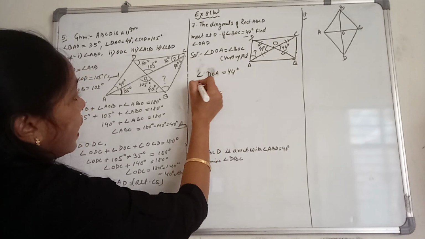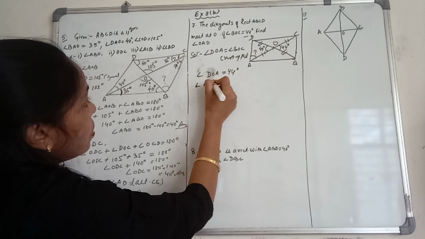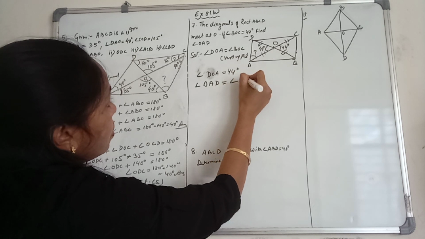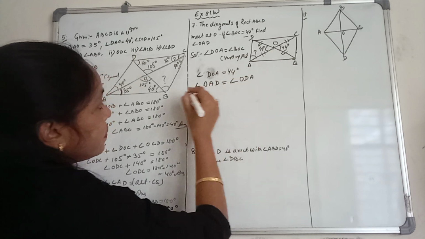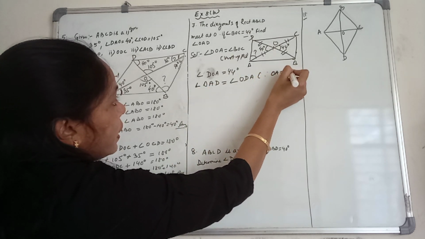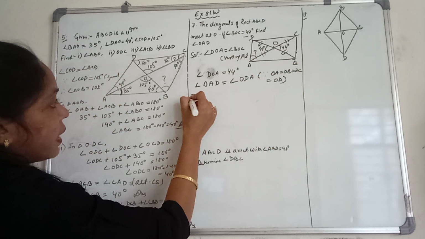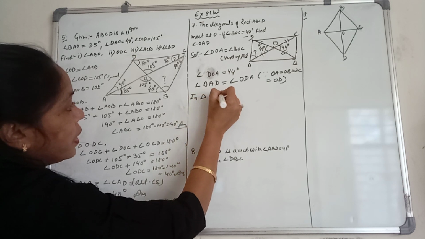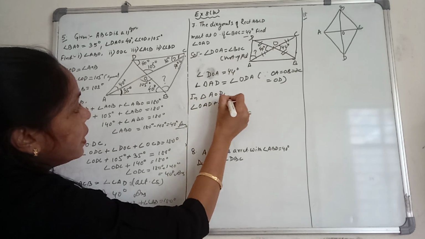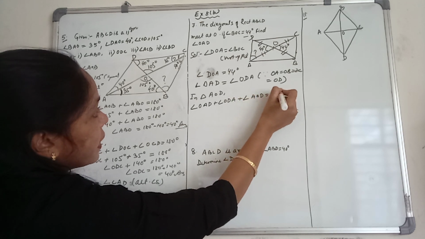So here we can write angle OAD is equal to angle ODA, since OA equals OB equals OC equals OD. Now use the triangle property. In triangle AOD, angle OAD plus angle ODA plus angle AOD is equal to 180 degree.